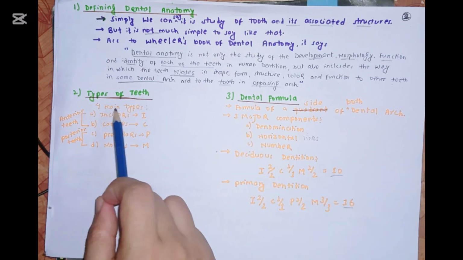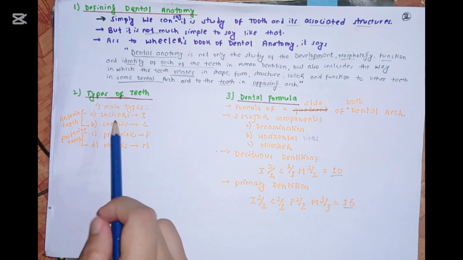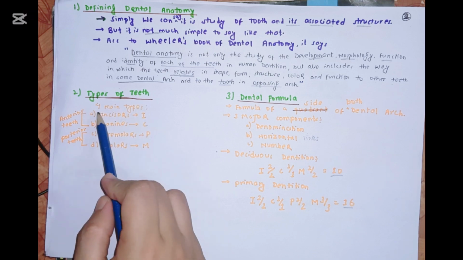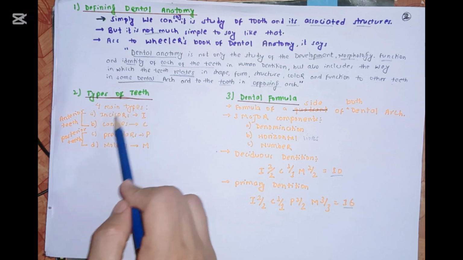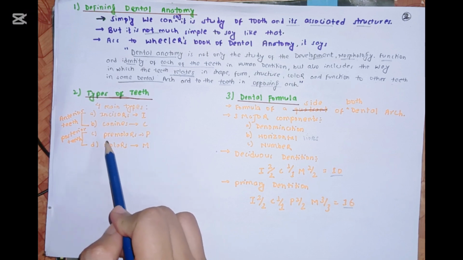Our next topic is types of teeth. There are primarily four main types of teeth: incisors, canines, premolars, and molars.